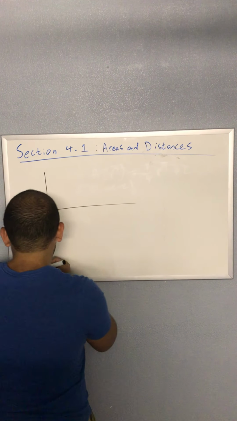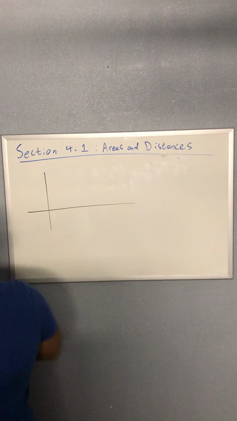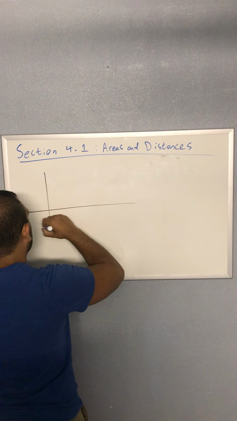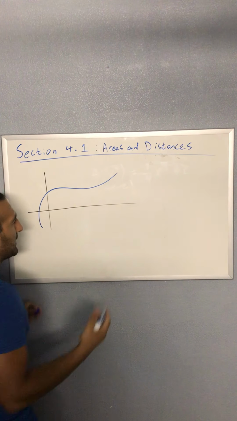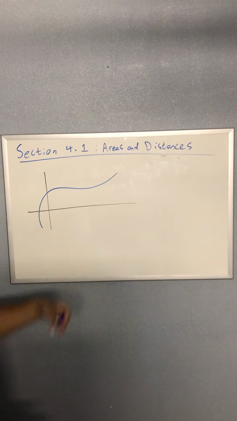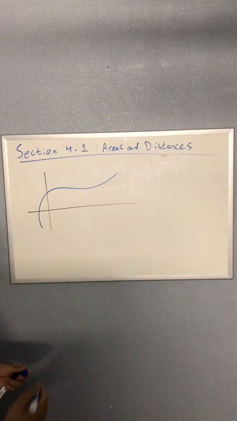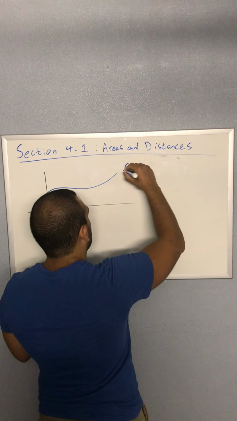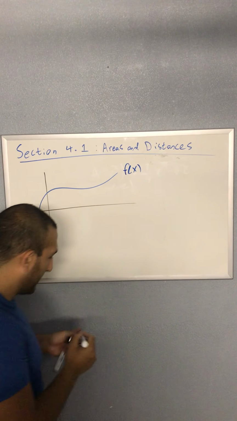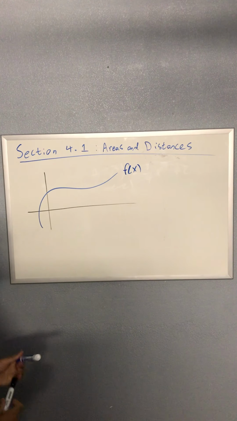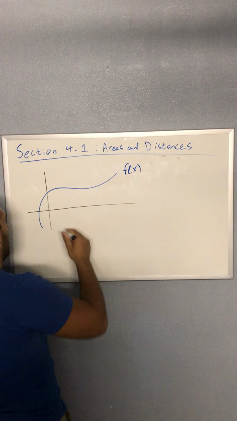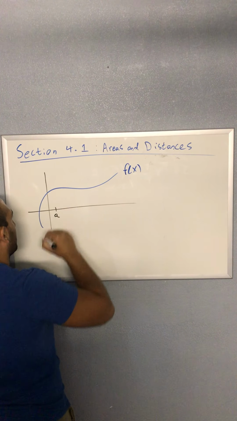So assume we had some function. We want to think about this geometrically. By geometrically, I mean a picture, so in a graph. So we had a function f of x, and this is what the graph looked like, for example. And then let's say I picked some point like a right here.